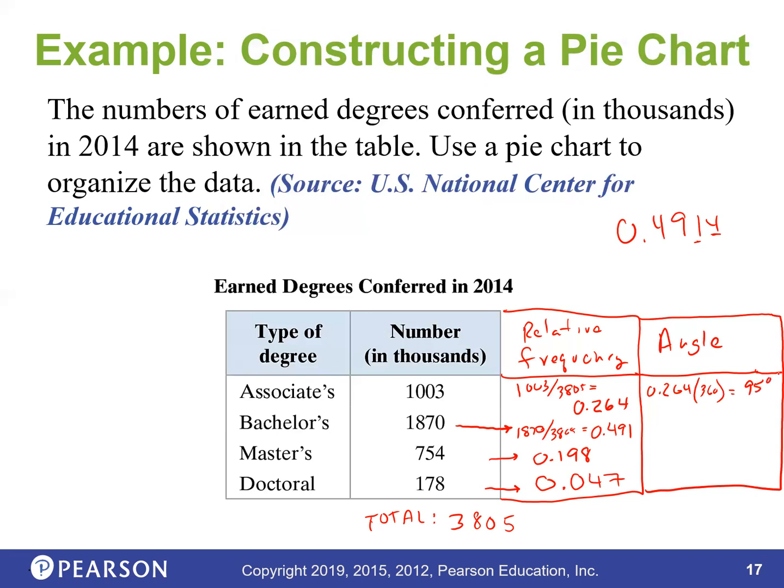Let's see. I picked on Elizabeth already. Jimena, there you go. Good. Sorry, what's in the parentheses under angle? 360. Yeah, 360. We're good? Okay.